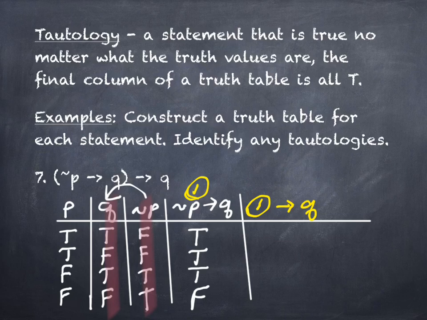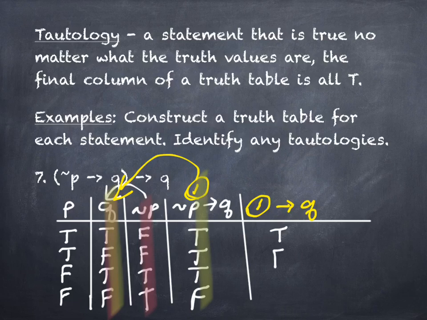All right, now we're going to do one more line. This is going to start out with number 1 and go backwards to Q over here, like this. So this one starts out true, goes backwards to true, so that statement is true. Second line starts out true, goes backwards to false, so that statement is false.